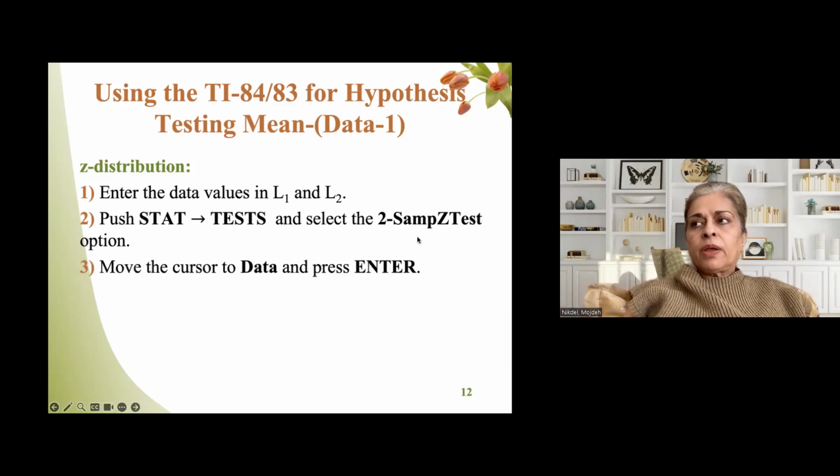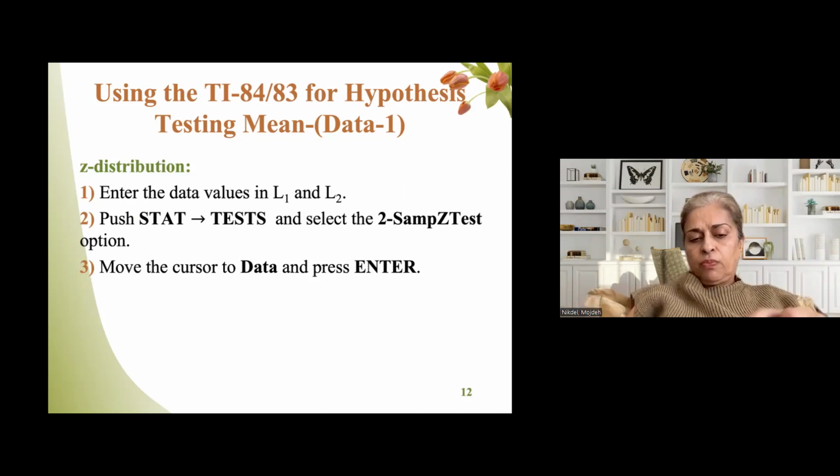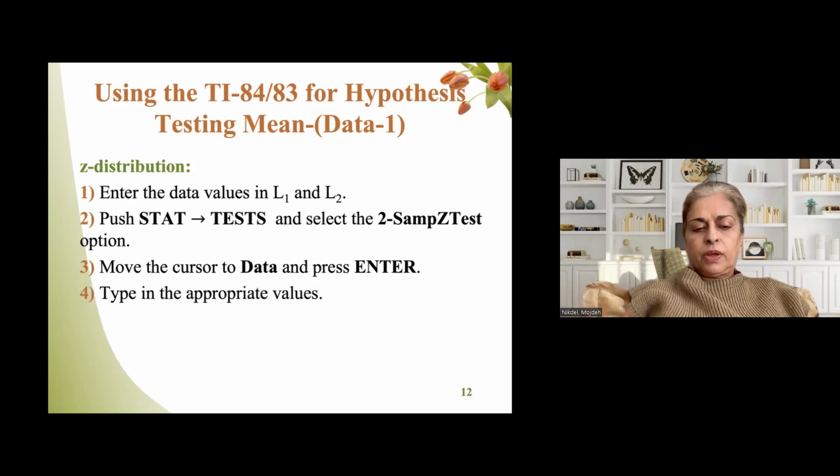Under 2 sample z-test, again, you have the input options: data and statistics. This time, you're going to pick data for your raw data. It says type in appropriate value.